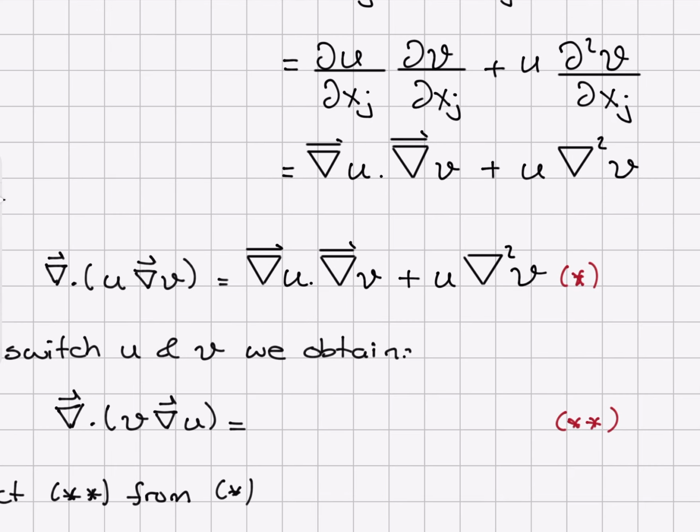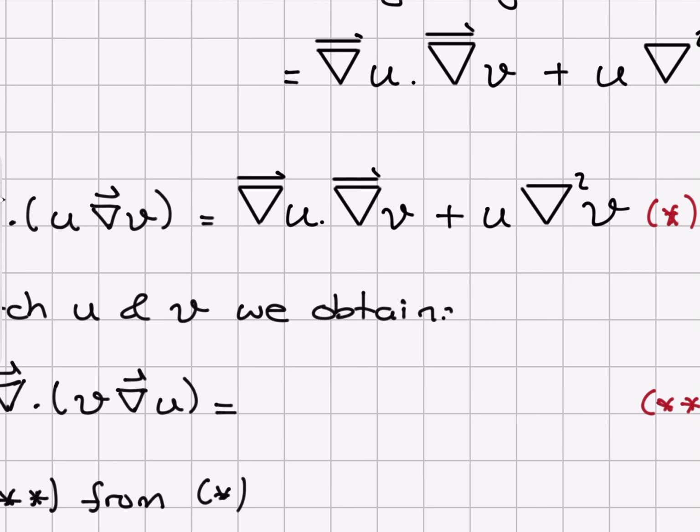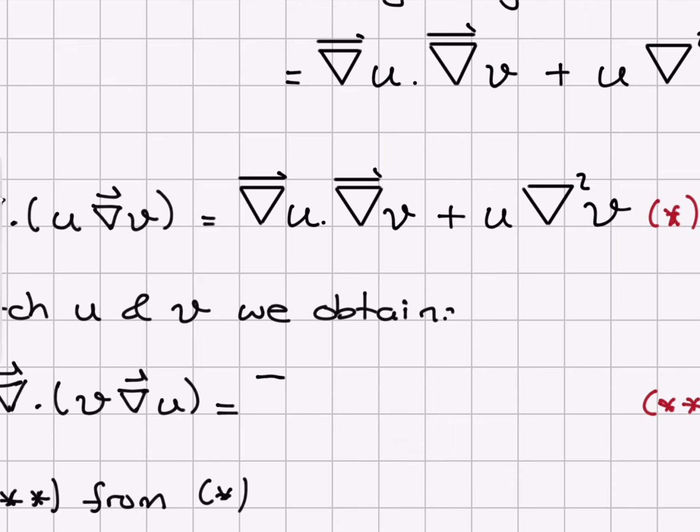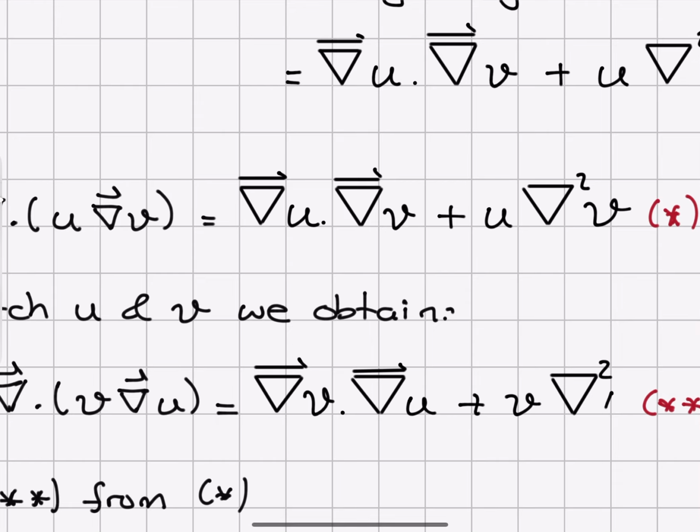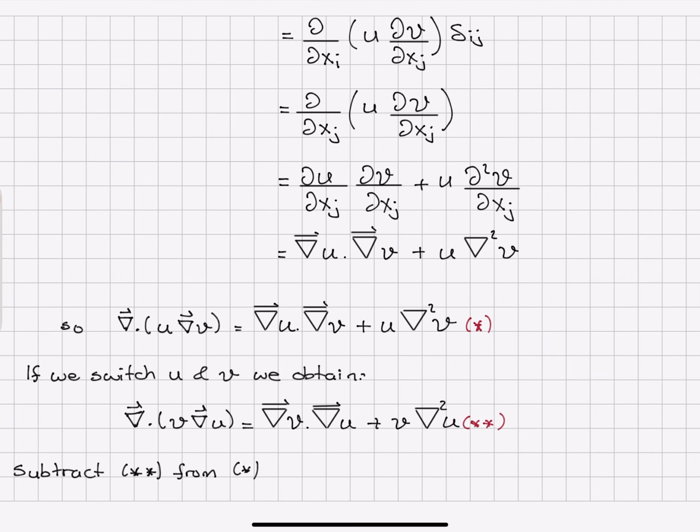Reading the result here, again we will have this time gradient of v dot product with gradient of u, and then we have plus v Laplacian operator applied to u, ∇²u. So we have obtained these two equations.